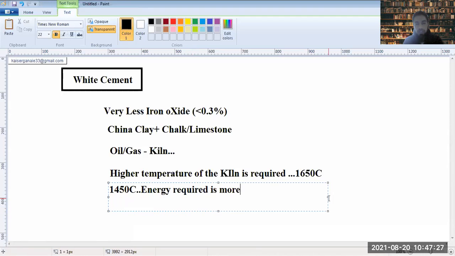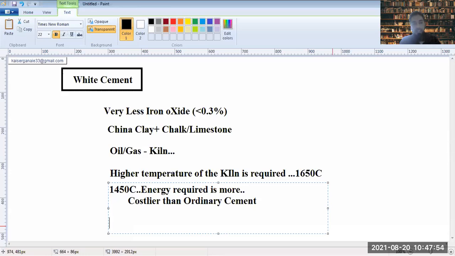When the energy required in the kiln is more, that would mean that it is consuming more amount of coal and leading to more amount of pollution. So white cement also then is costlier than ordinary cement because of more energy required, and the type of the clay, the china clay, which comes at a much higher cost than the other types of the clays.